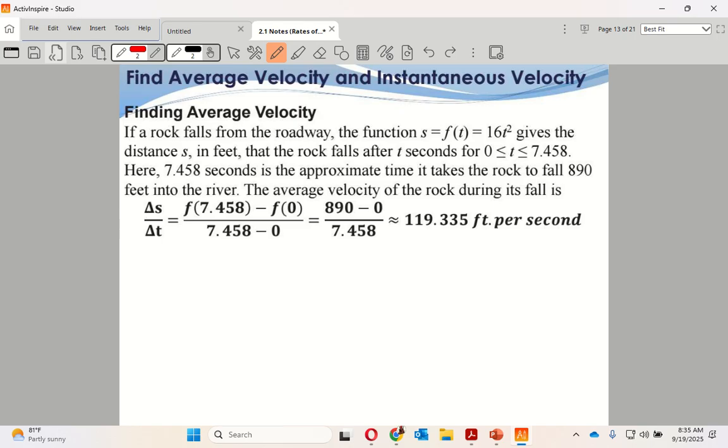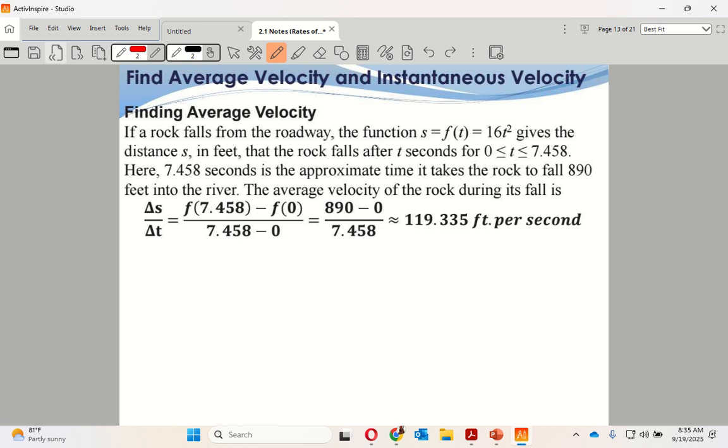Okay, so right here, this is asking for the average velocity. So over the entire 7.4 seconds, that's the average velocity for the whole thing. Yes, at the very end it was going really fast, but at the very beginning it's going very slow, right? So that's what it's trying to show.